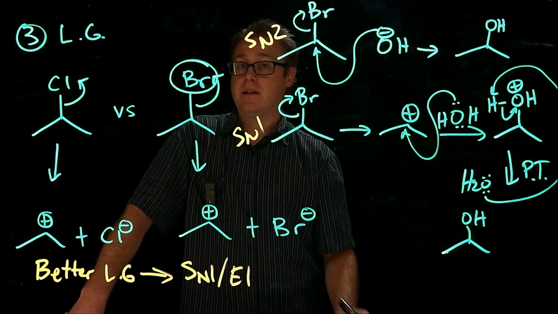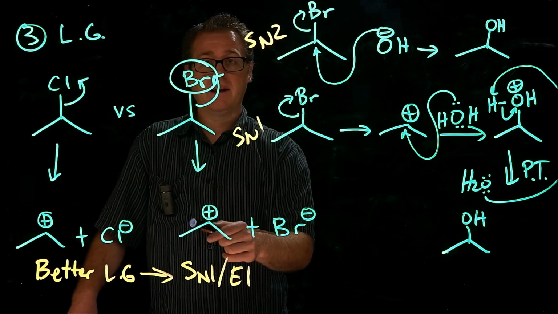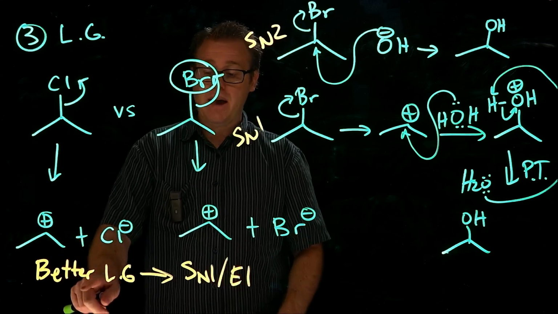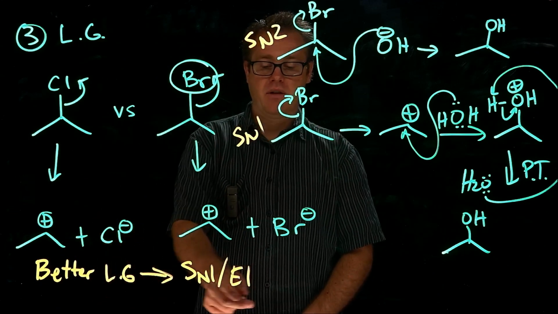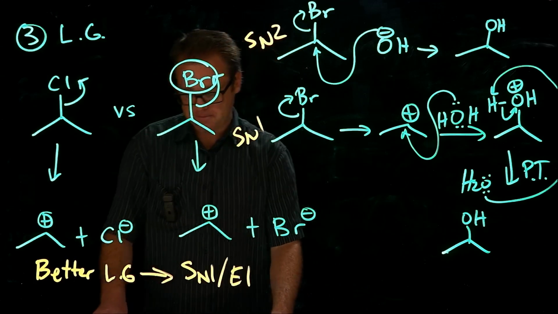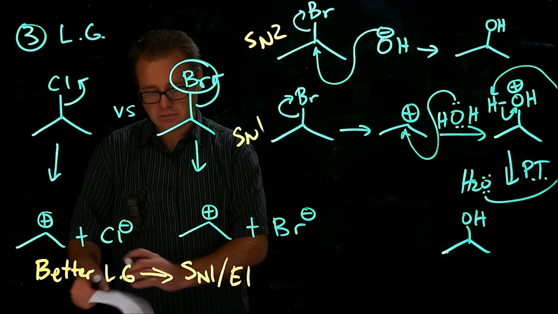So it is true that all four mechanisms need a good leaving group. It's just that a better leaving group is going to favor our SN1 and E1s more so. It affects it more.